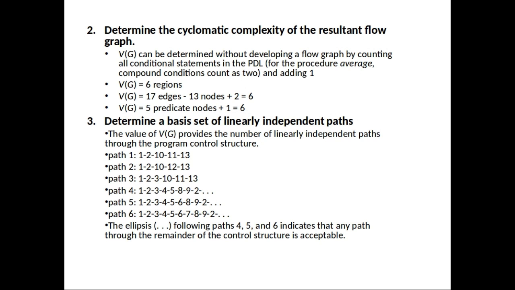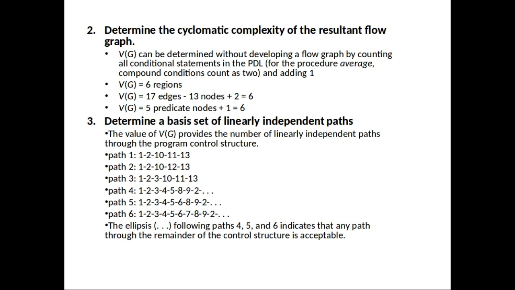Step 3: determine a basis set of linearly independent paths. The value of V of G provides the upper bound on the number of linearly independent paths through the program control structure. In the case of procedure average, we expect to specify 6 paths. Path 1: 1, 2, 10, 11, 13. Path 2: 1, 2, 10, 12, 13. Path 3: 1, 2, 3, 10, 11, 13.